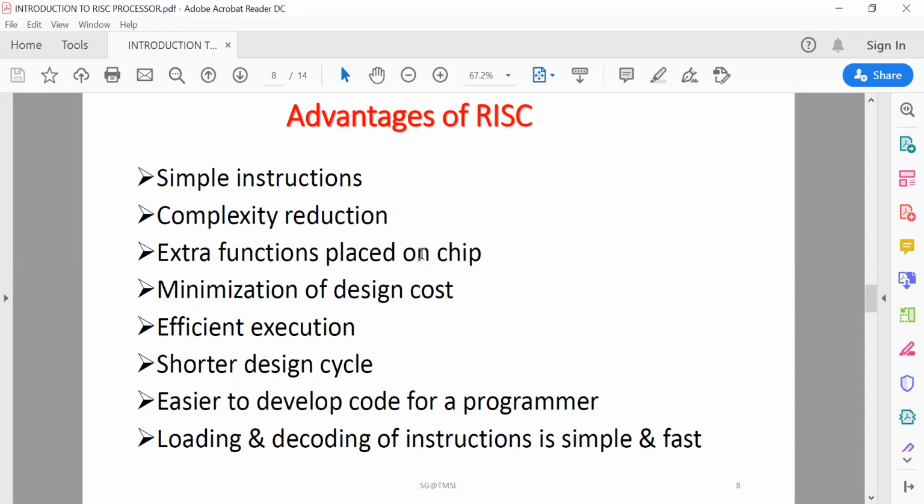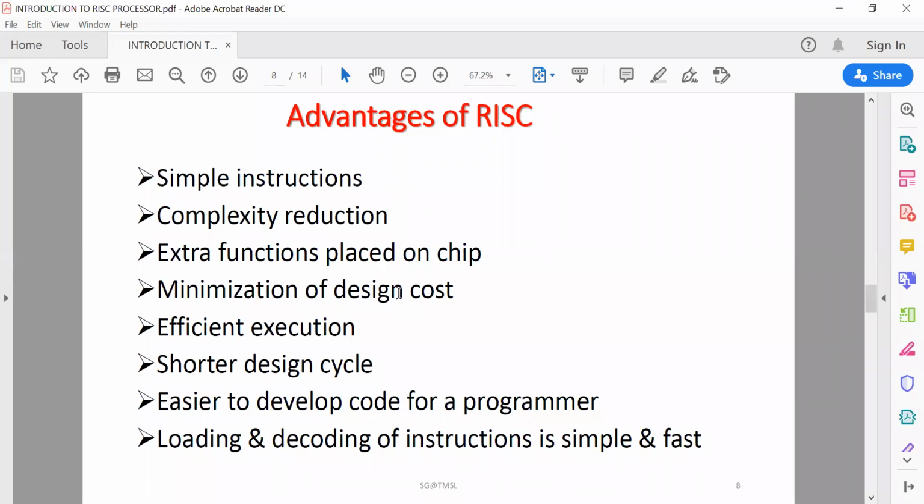Then there is minimization of design cost. A smaller chip allows the semiconductor manufacturer to place more parts on a single silicon wafer, which can lower the per-chip cost dramatically.